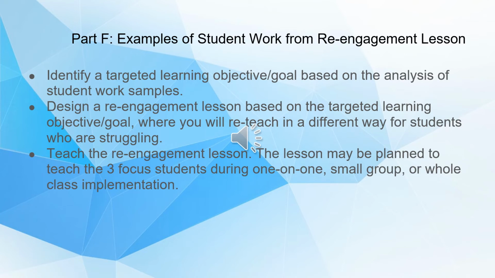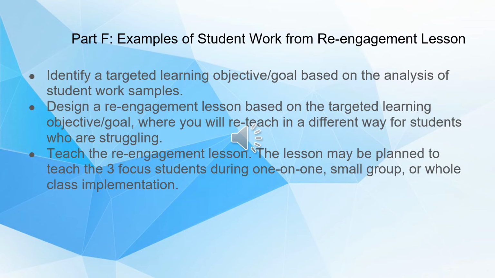So that's why you want to analyze your student work samples and figure out what group of students are not getting something. And if they are getting everything, then you're probably teaching something too easy. So you want to make sure that you identify and come up with some new objective that is based on that analysis, and this is going to be for your re-engagement lesson.